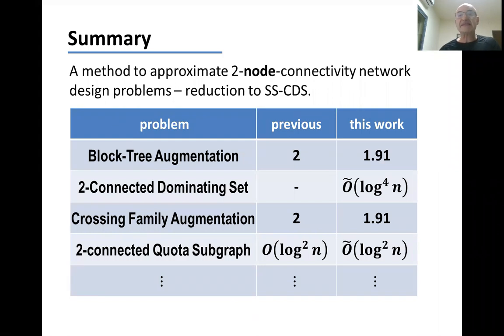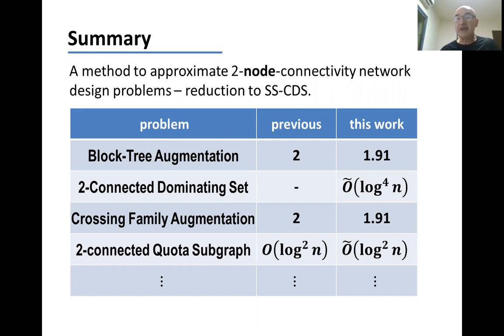So let me summarize what we have here. We have a method that works for several problems. It approximates two-node connectivity network design problems by using a reduction to the subset Steiner connected dominating set problem.